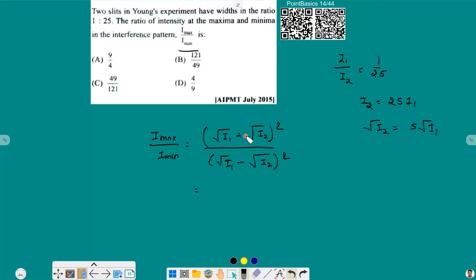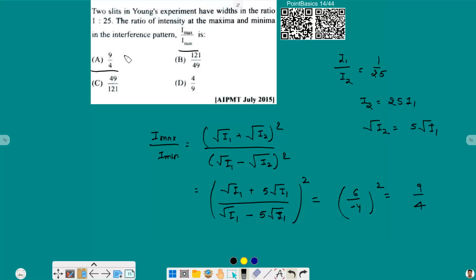Substituting it here, we get (root I1 plus 5 root I1) divided by (root I1 minus 5 root I1), whole square. This gives us 6 square by minus 4 square, which is 9 by 4, and that is option A. So option A is the right answer.